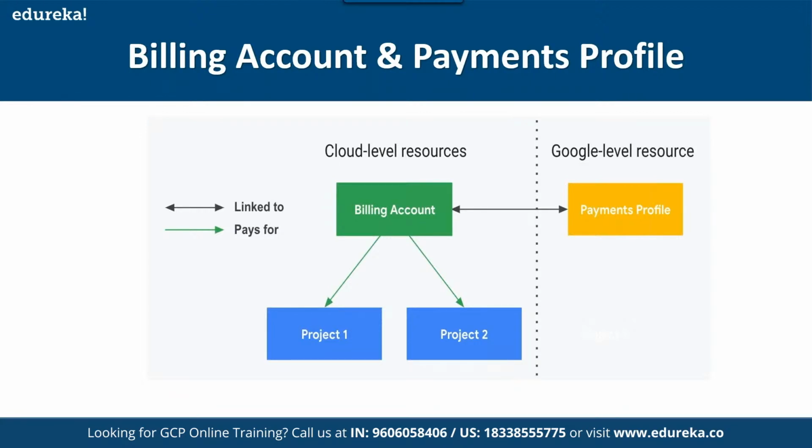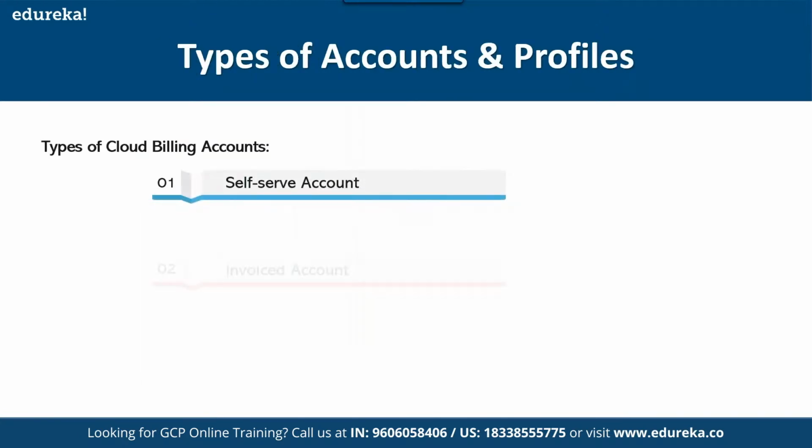Now let's talk about the different types of accounts and profiles that you can have. These are the two different types of cloud billing accounts you can have. One is the self-serve account, and the second is the invoiced account.